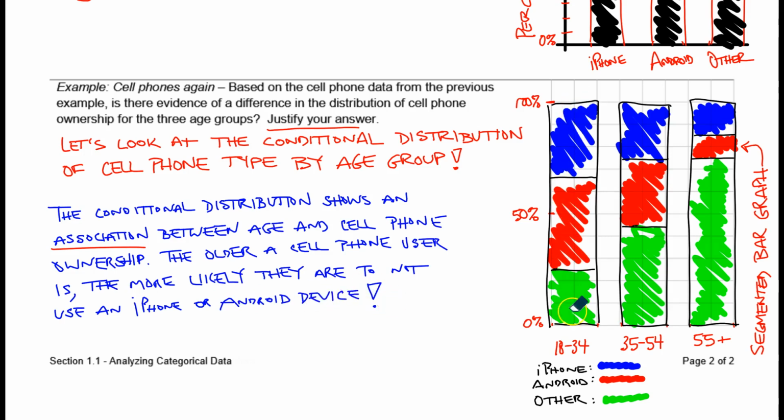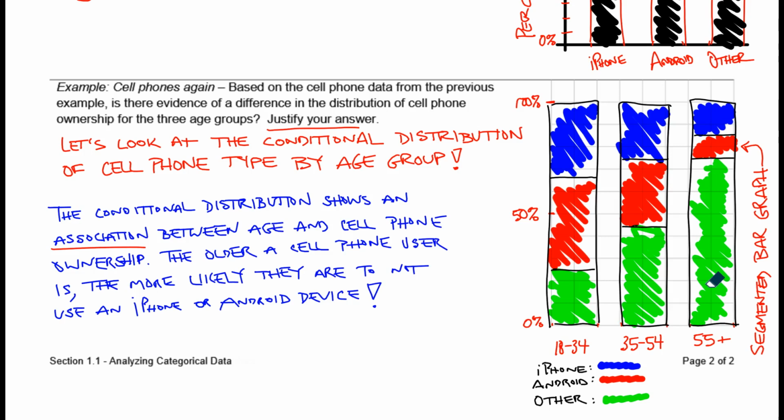First of all, in that 18 to 34 age group, the distribution is pretty even between the three different types. I mean, iPhone and Android are larger than other, but they're fairly equal. And then we start to spread out as we get into that middle age category where the other category is growing. And then finally, in this final category where the old folks are primarily using other cell phones.